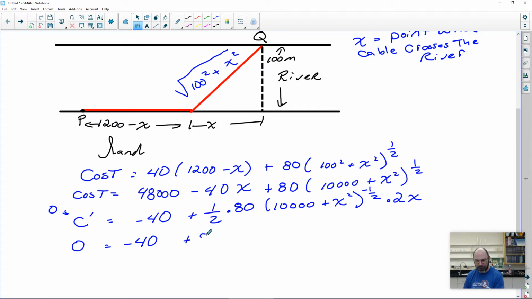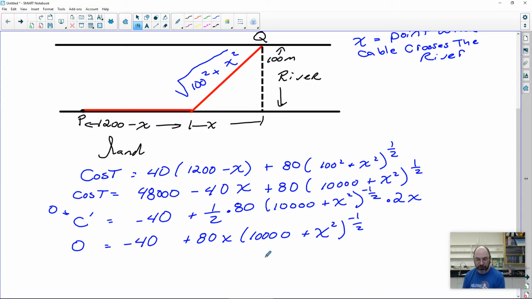So this would be plus 80x times this whole thing, 10,000 plus x squared to the negative 1/2. Okay, so that's our derivative. Now we have to try and solve for x.